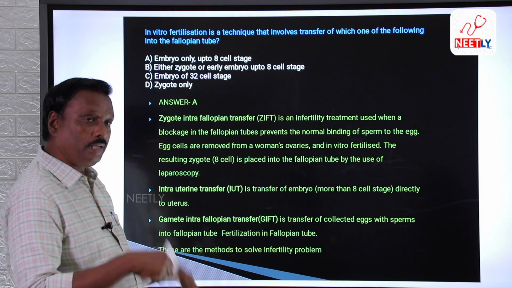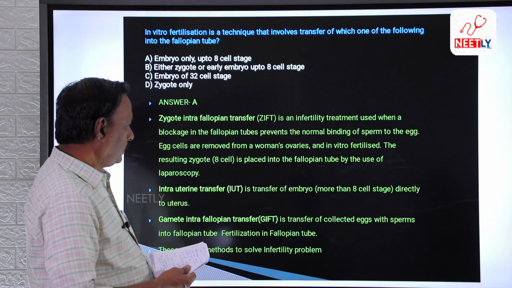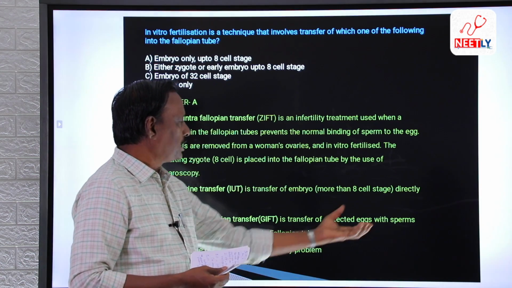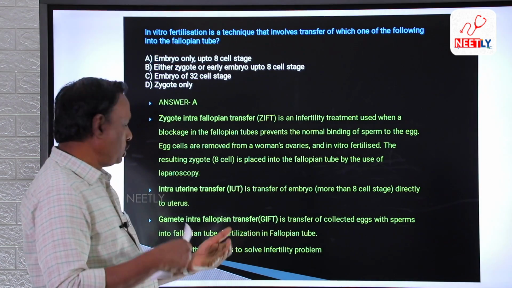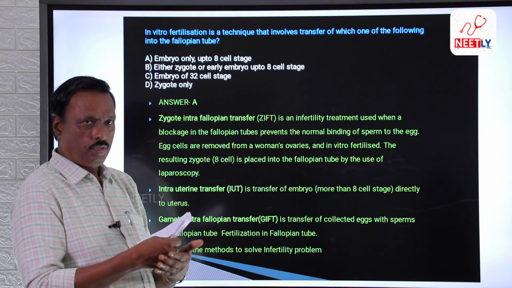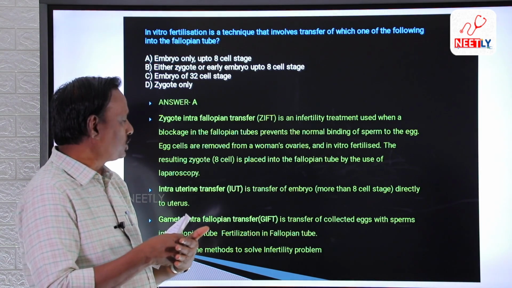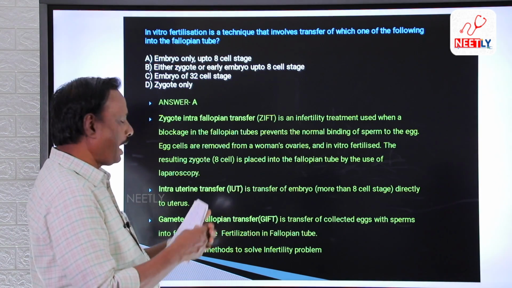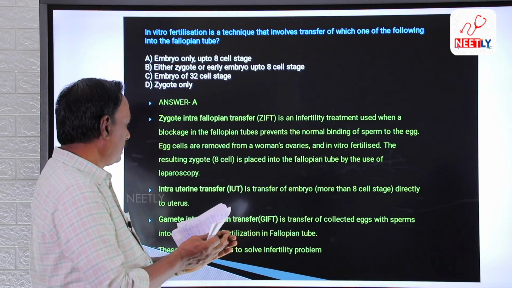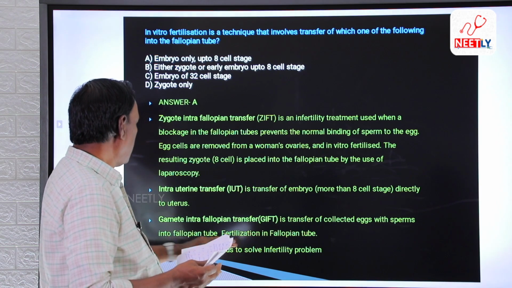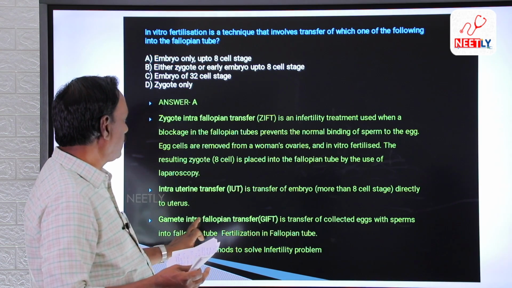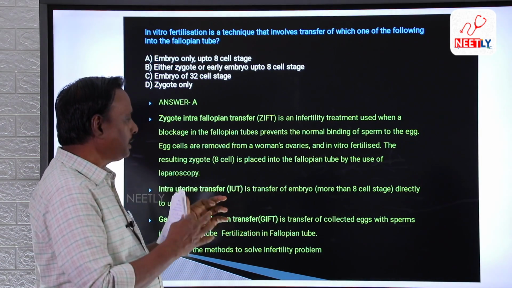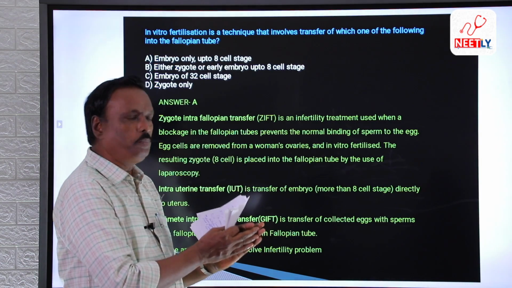And then there is another method, in which you collect the eggs from the mother and sperm from the father, and you mix them together. There is no need for prior fertilization. You mix them together and then place this in the fallopian tube, and that is known as gamete intra-fallopian transfer, GIFT.